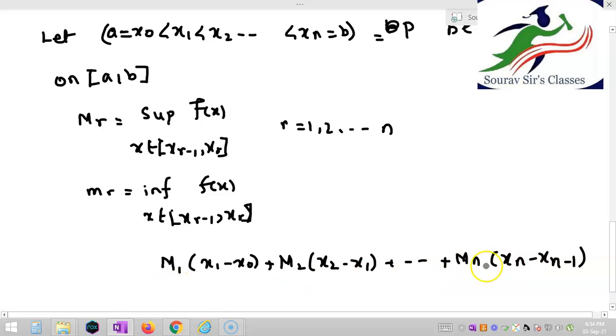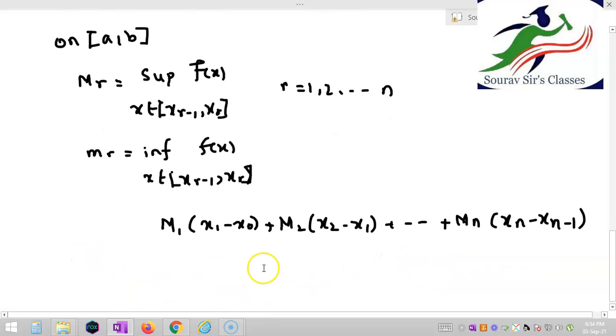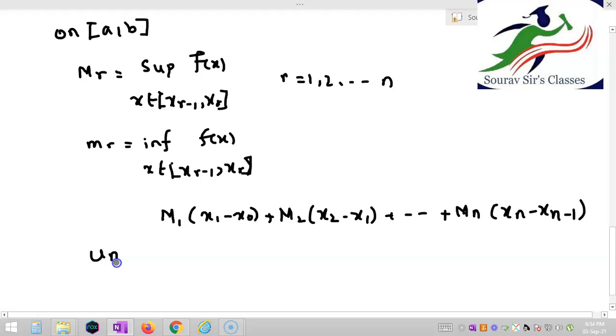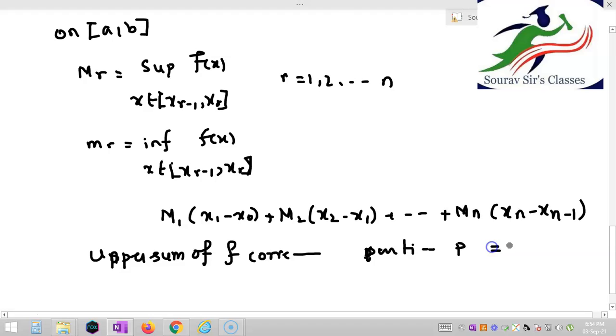This value is known as the upper sum of f corresponding to the partition P. It is denoted by U(P, f).